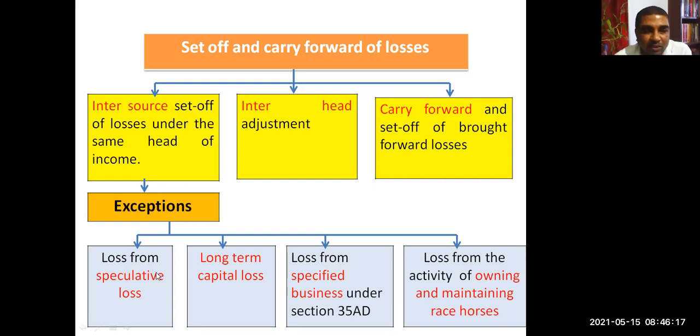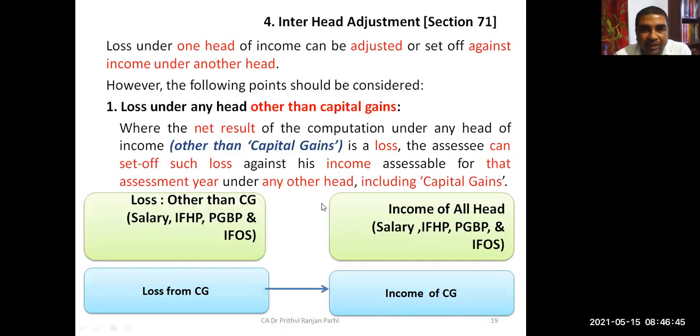One is loss from speculation business, then long-term capital loss, then loss from some specified businesses which are specified under Section 35AD of the Income Tax Act 1961, then loss from the activity of owning and maintaining of resources. These are the exceptions for intersource setup. These exceptions were discussed in detail.